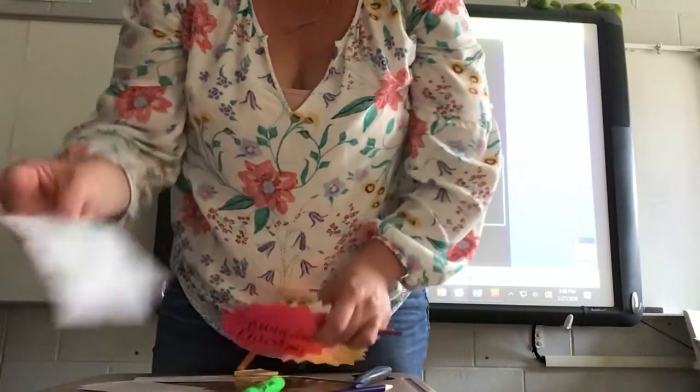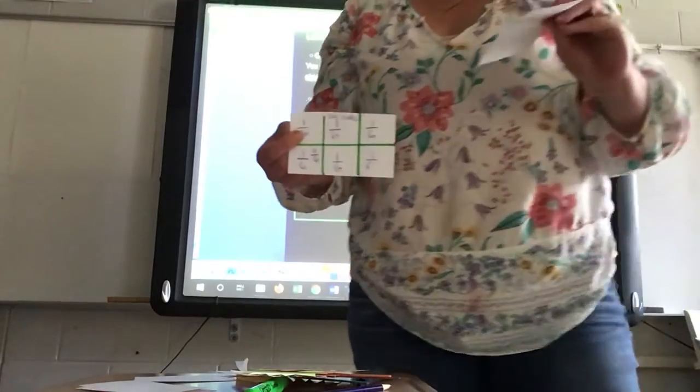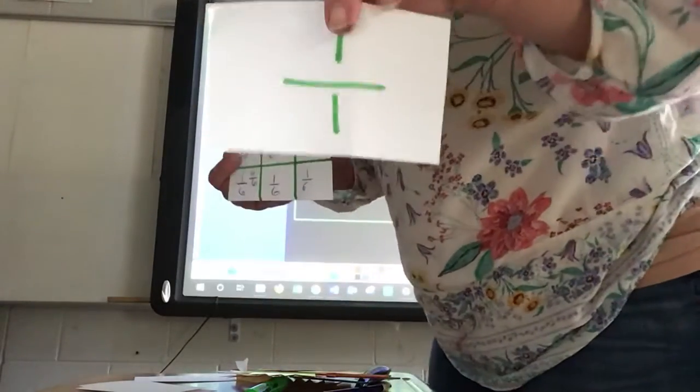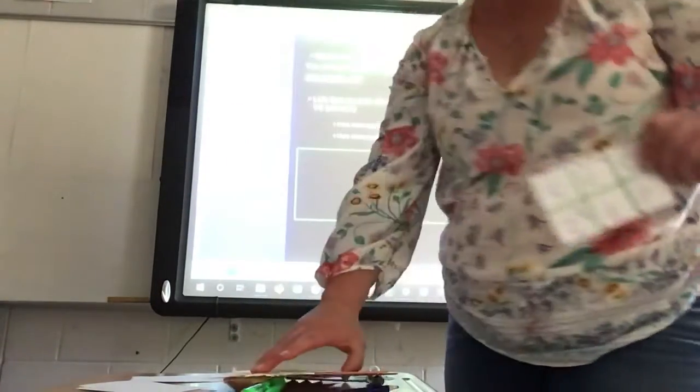And then the last unit fractions that we talked about were sixths. 6 sixths is also equal to 1 whole. And then, there's my 1 whole. 3 thirds. I don't know what happened to my 3 thirds. It flew away.